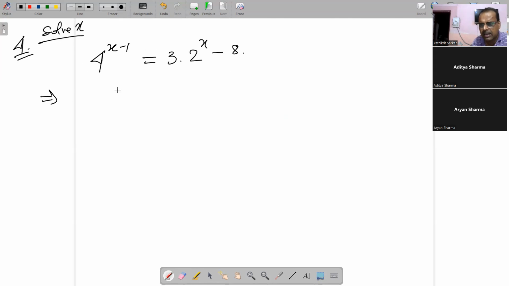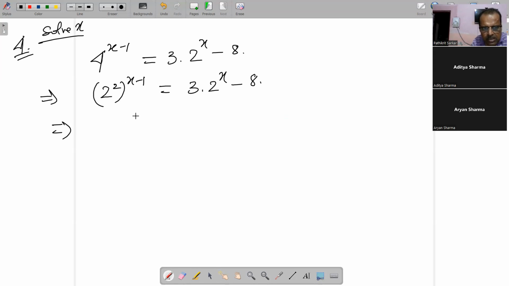सर फर्स्ट क्या करेंगे, यहाँ पर जो है उसको हम किस ढंग से लिखते हैं. सर यहाँ पर हम लिखते हैं 2 स्क्वायर होल टू दी पावर x माइनस 1, एंड यहाँ पर लिखेंगे 3 into 2 to the power x minus 8.